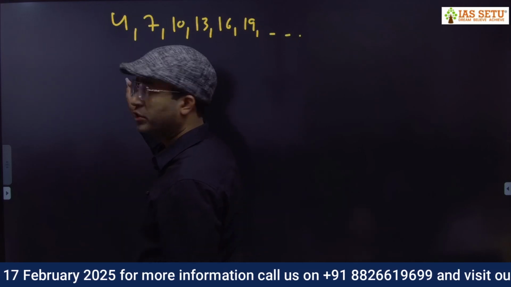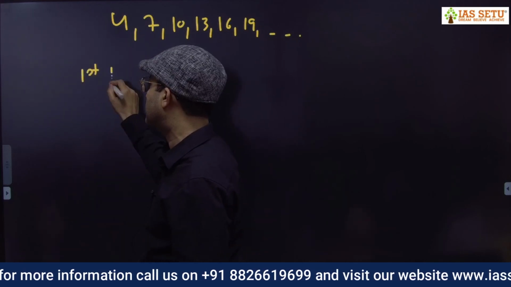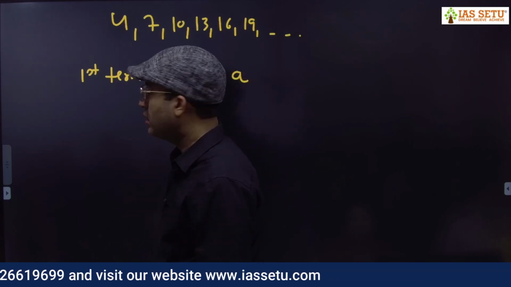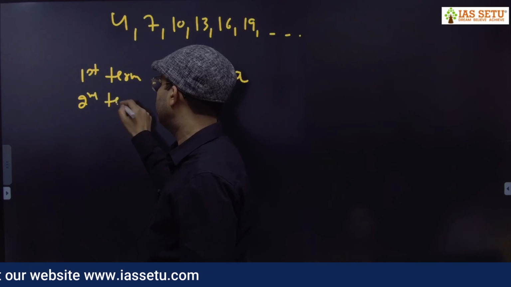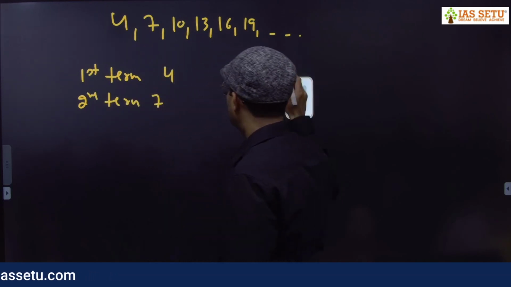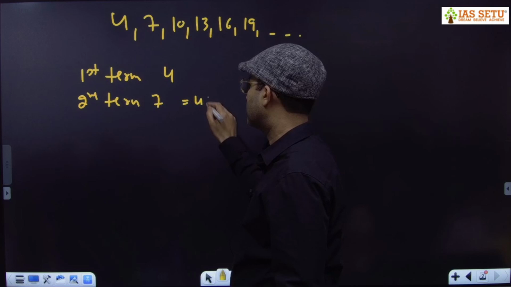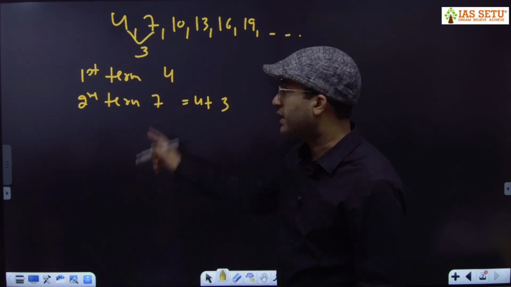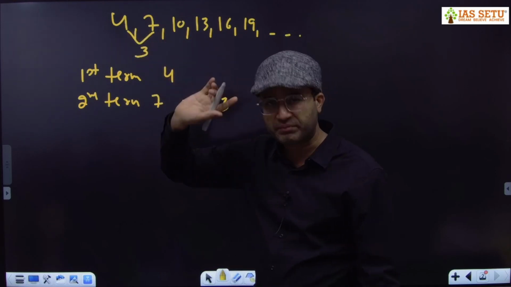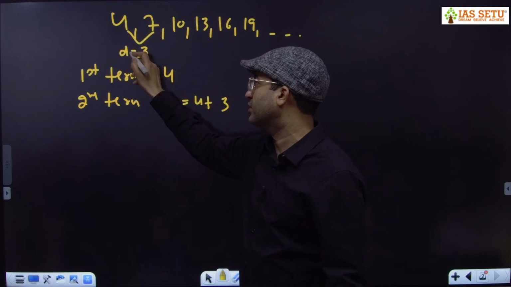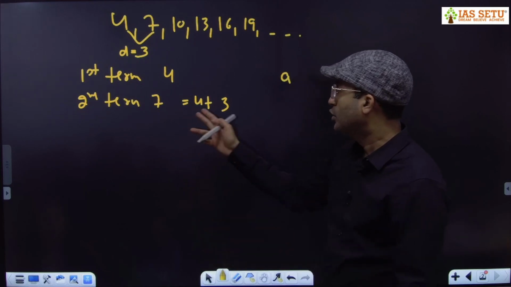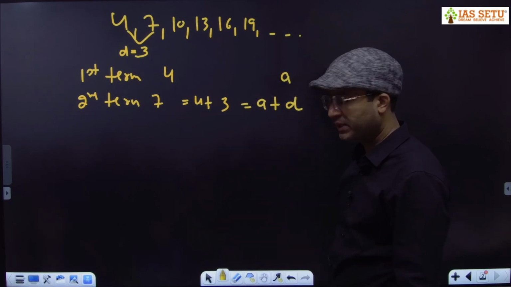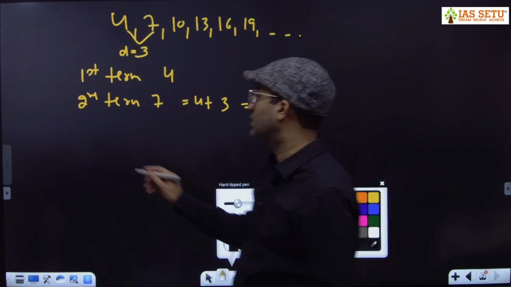Here 4 is the first term, which we write as A. The second term is 7, which you can write as 4 plus 3, and in this case 4 is the first term A and D is equal to 3. So this is A plus D.